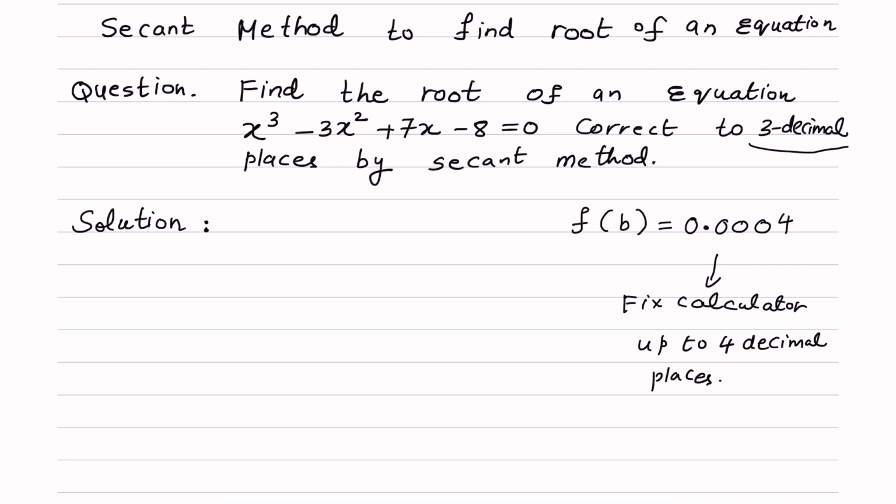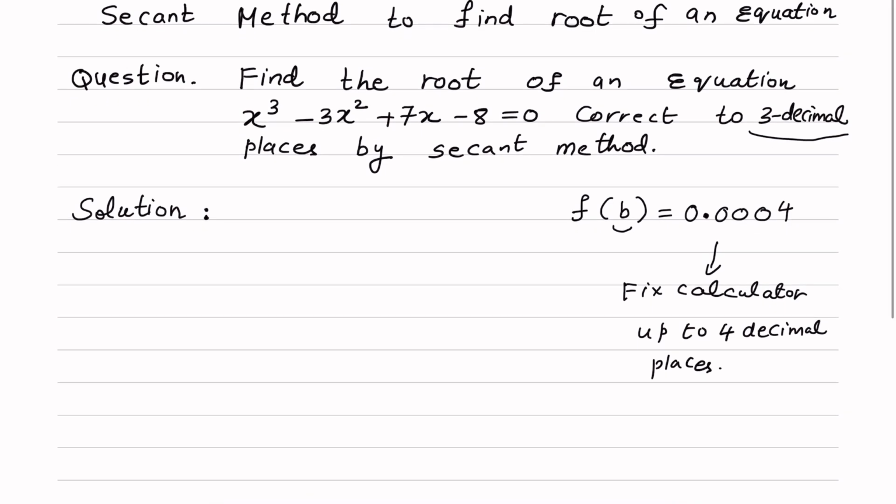If you find a number b such that by plugging b in the function, you have 0 point, 3 zeros on the right of the decimal and a fourth digit, you will say that b is the root correct to 3 decimal places. So fix your calculator up to one higher decimal, which is 4 decimal places.